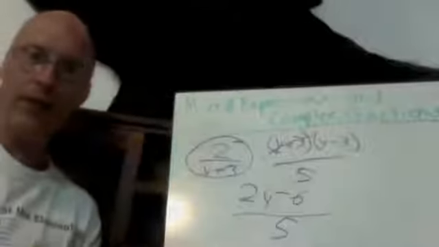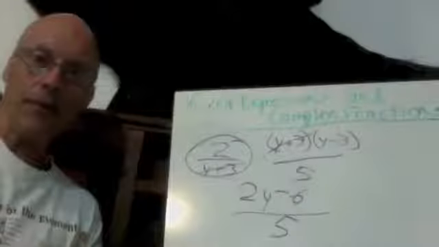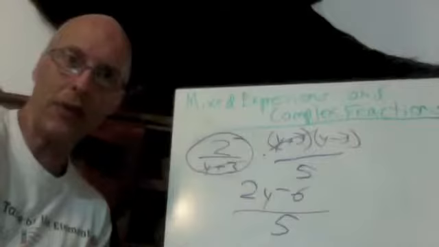So it's going to be y plus 3 times y minus 3. Okay? And now do you see the reason why doing that is now I can cancel y plus 3, y plus 3. I can't really cancel anybody else. So when I do the distributive property on the top, it's going to be 2 times that, 2y minus 6 over 5, and then I'm done. Okay, hope that made sense. I think that should be pretty straightforward.